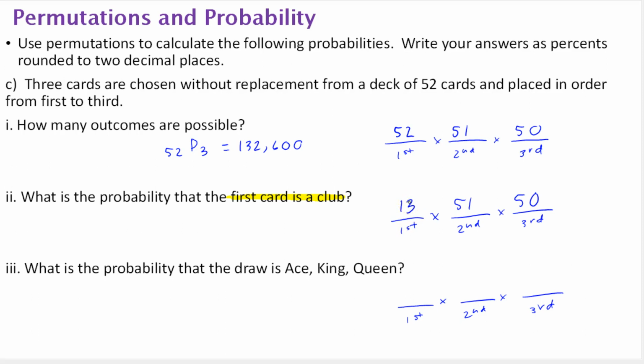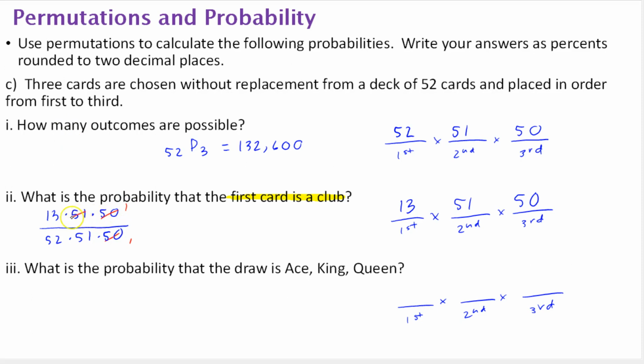Now, if we write this as a ratio, in the numerator we have 13 times 51 times 50. The denominator is all the possible options. And again, notice a lot of these are going to cancel.